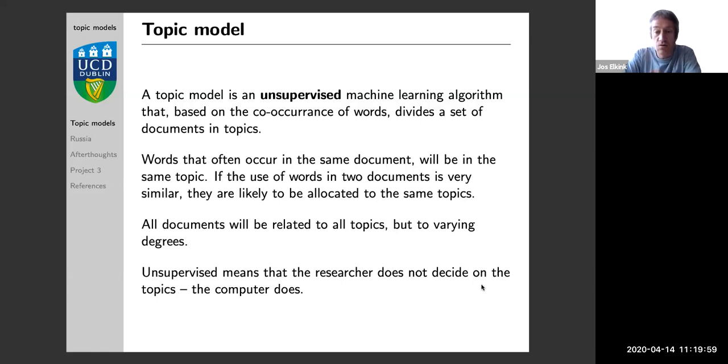The basic idea is that for a set of documents, often thousands or maybe even millions of documents, we try to find out what topics these documents are about and which documents are about which topics. The assumption is that there is a close association between topics and word usage. If a set of documents use very similar words, we assume that they are on a similar topic. Whereas if they have very different terms, then we think that they are on a different topic.